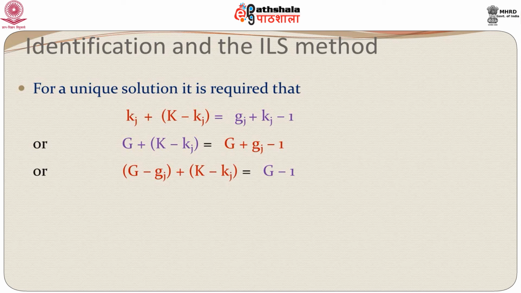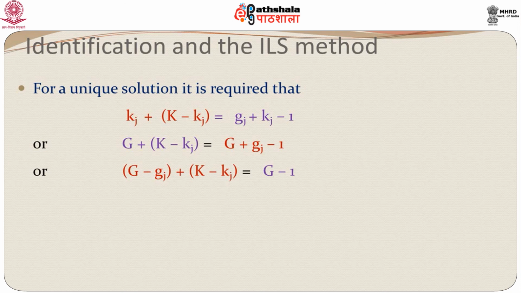Now, if I add g on both sides, remember kj cancels out from both sides in the previous equation, and if I add g now, so we have g plus kj minus kj and g plus small gj minus 1, and a little simplification then shows us that g minus gj plus k minus kj would be equal to g minus 1. What is g minus gj? This is the number of endogenous variables left out.